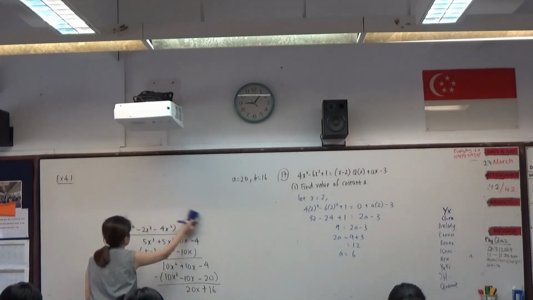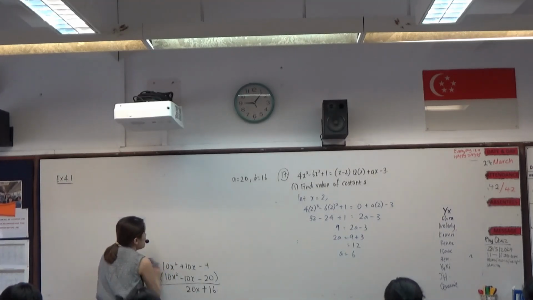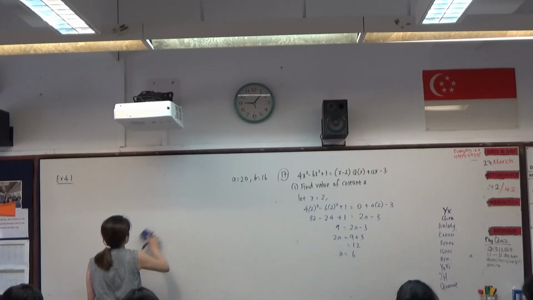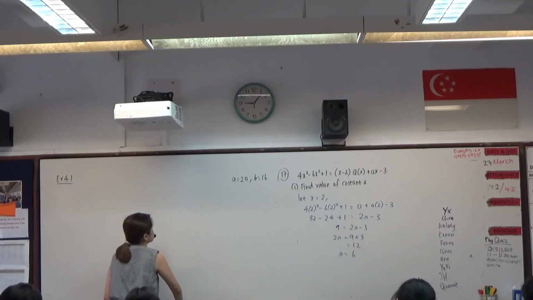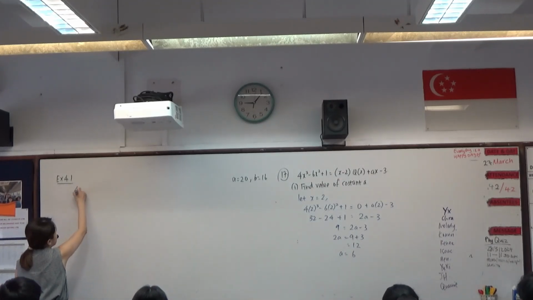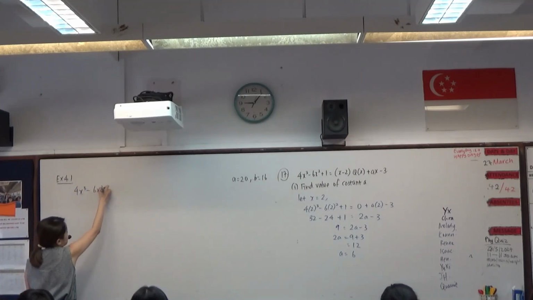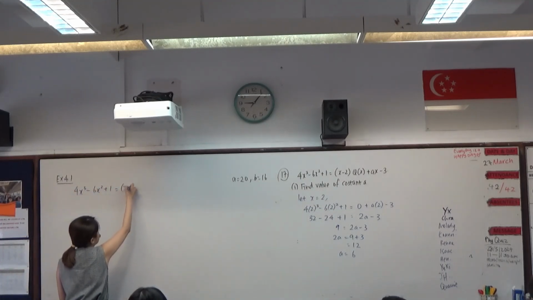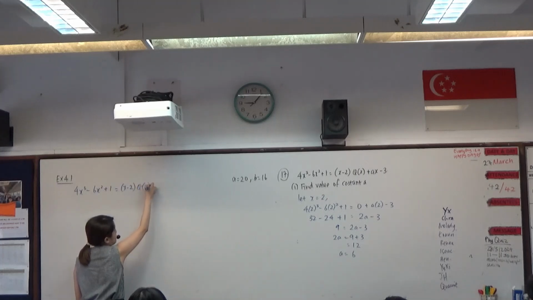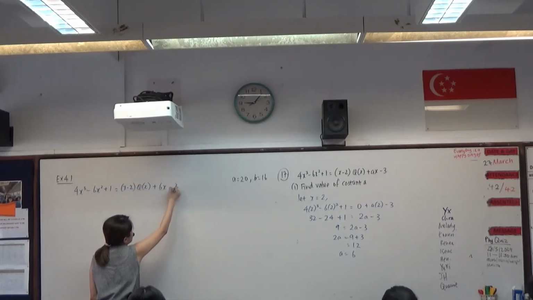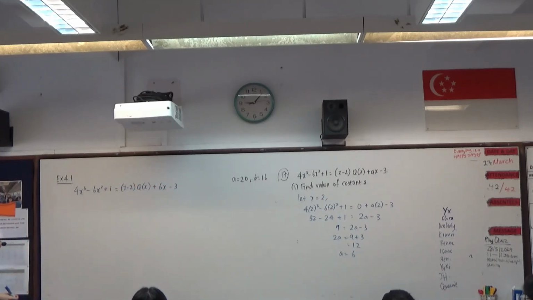Let's challenge ourselves. How can I find Q(x) without doing long division? So I found a to be equals to 6 already.